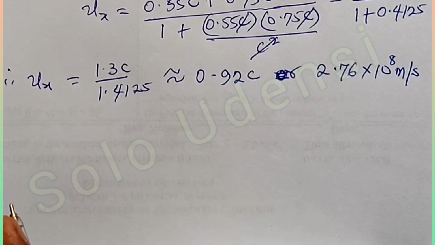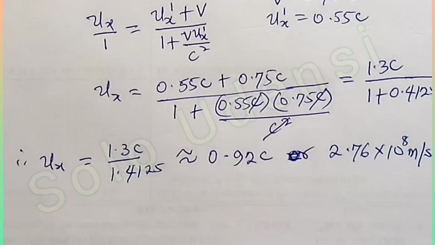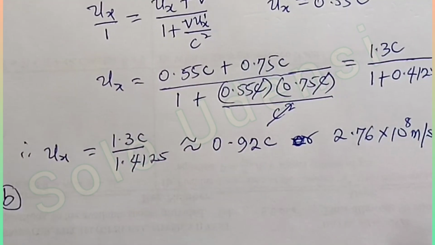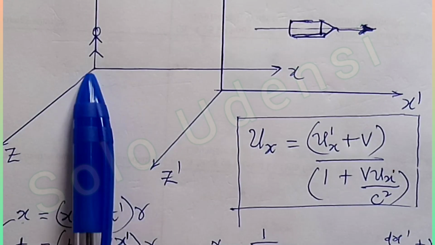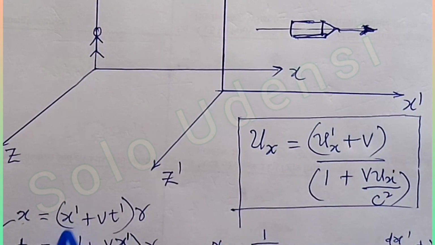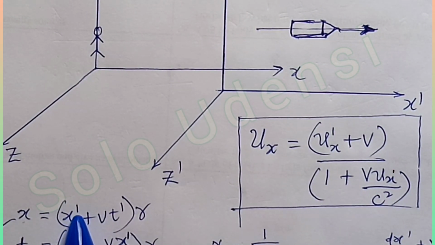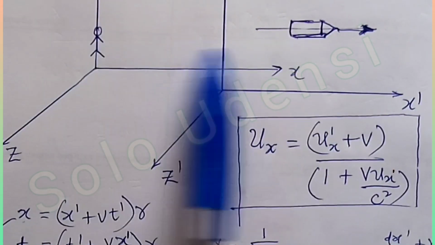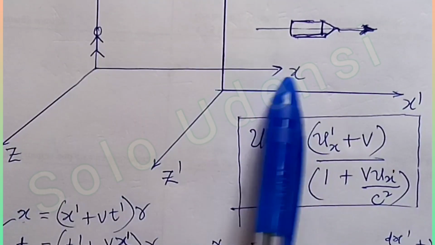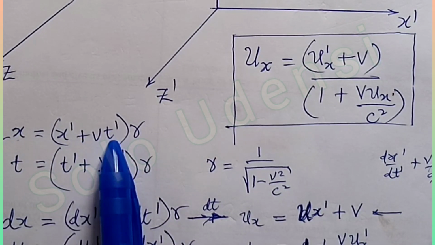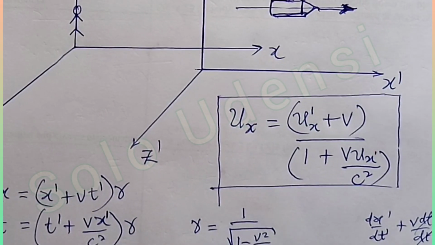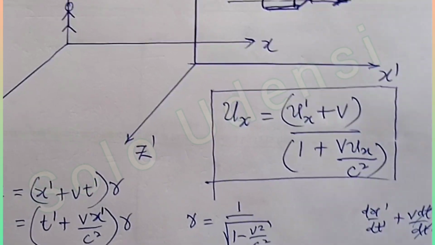The question says we should compare with the prediction of Galilean kinematics. In order to do that, you know that in Galilean transformation, the observer will see x as just x prime plus vt, because t and t prime are the same thing. In Newtonian physics, time is absolute. So he will see x prime plus vt without this gamma. So let me write it down.